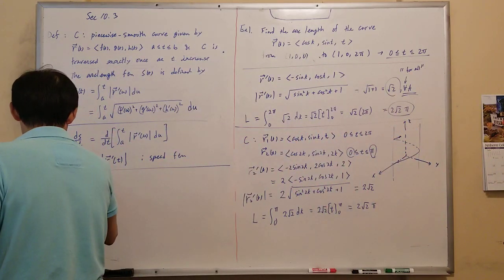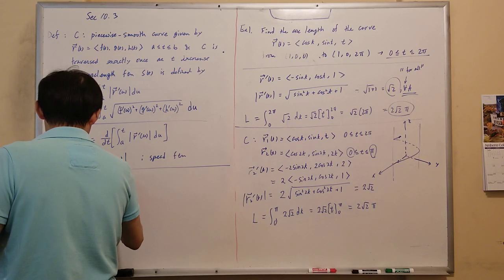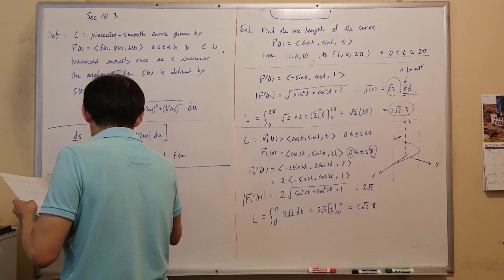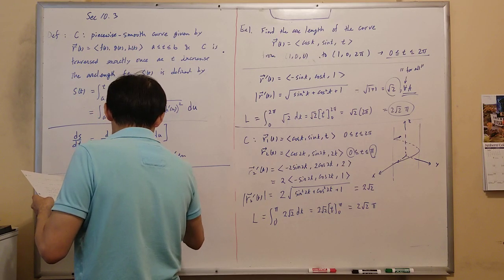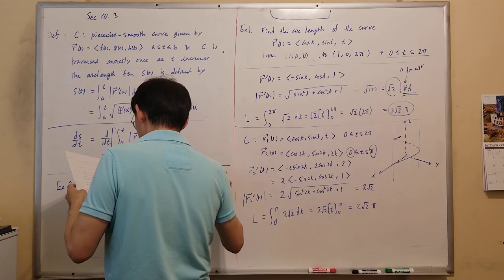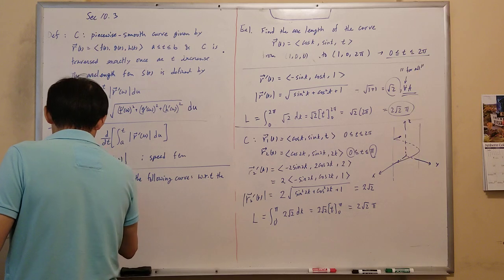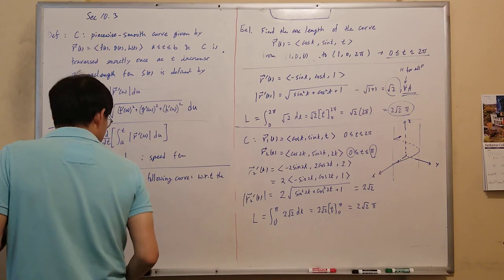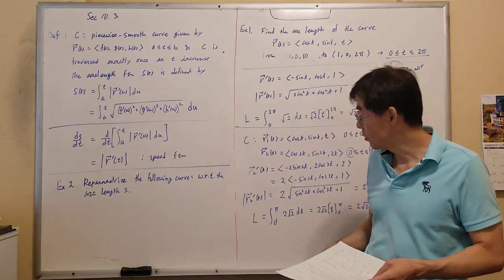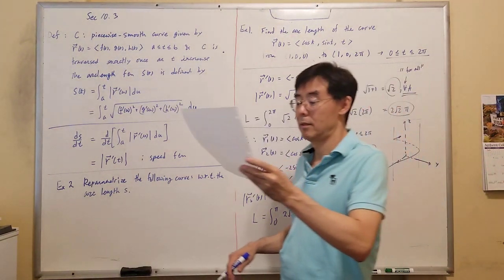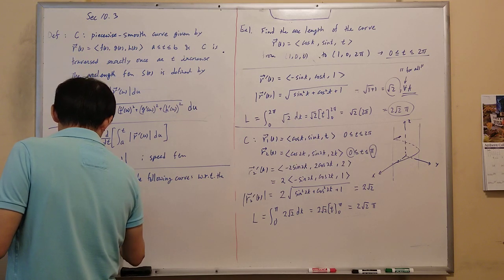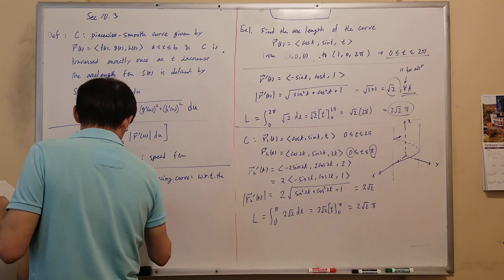Example 2. Reparameterize the following curves with respect to the arc length S. A: r1 of t equals cosine t, sine t, t.